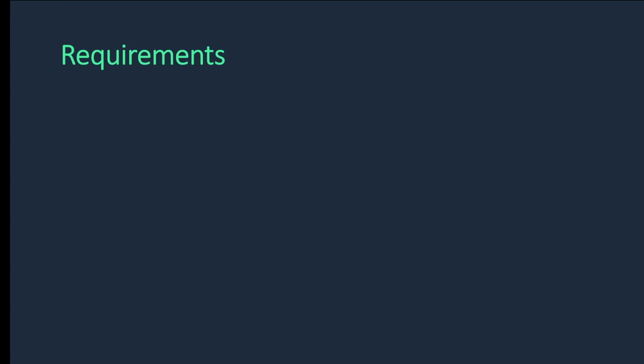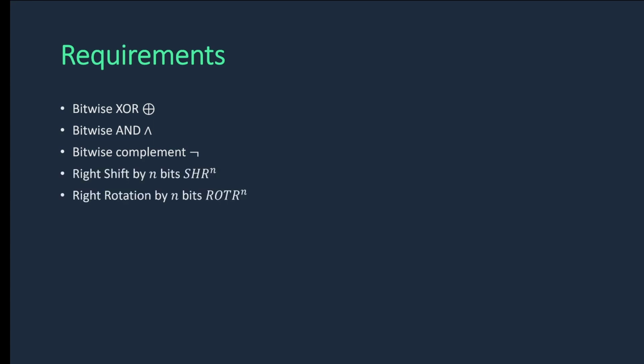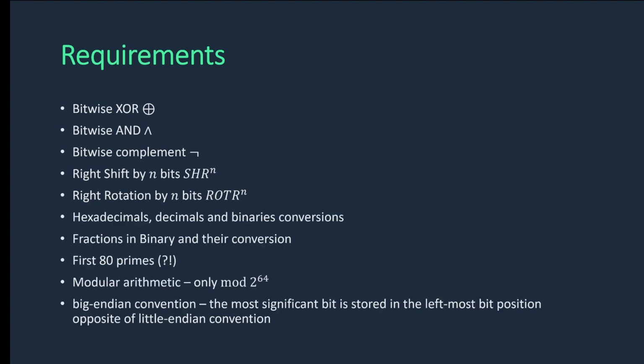To better understand the SHA-512 algorithm, we need to understand the bitwise XOR operator, bitwise AND, and bitwise complement operators. Next, understanding right shift and right rotations is important as well. And lastly, there are a few other concepts such as conversions between hexadecimals, decimals, and binaries.